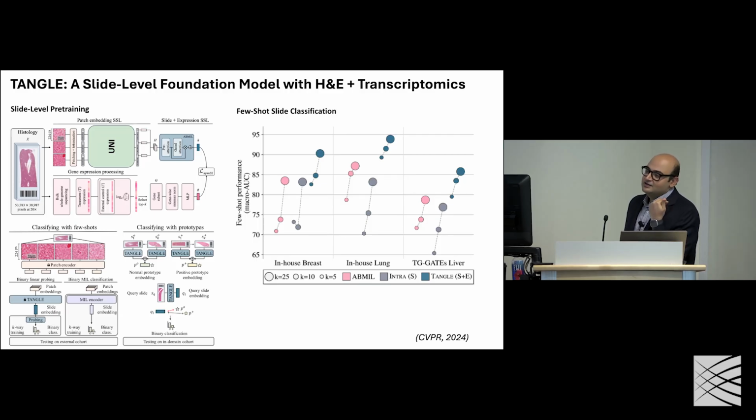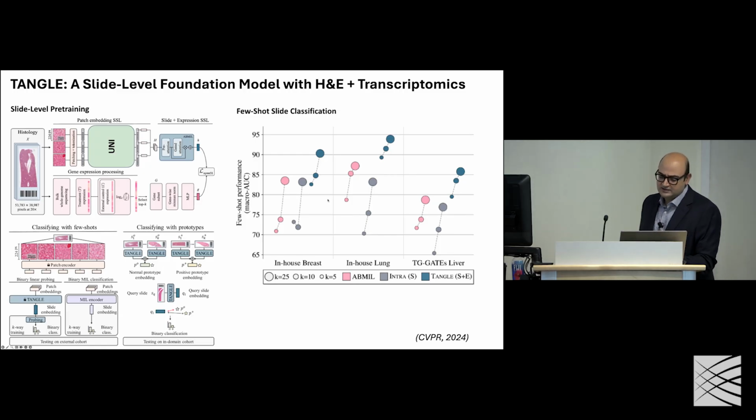So text is very subjective, but transcriptomics is much more objective. So if it's true that it relies on what's common across these multiple modalities to improve image representation, we should get a much richer slide level representation by contrasting with transcriptomics. And that's what we found.